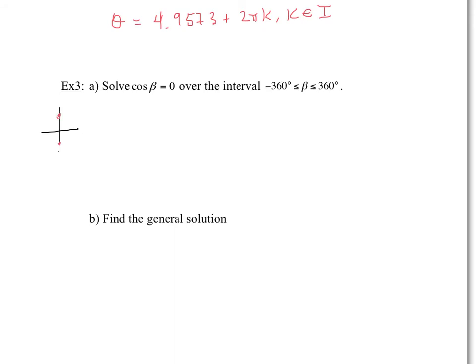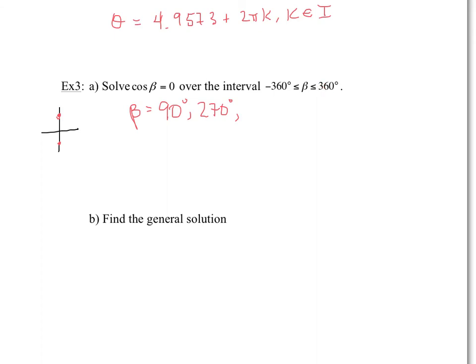At those 2 points. If we were asked for this interval, we would have beta equals 90, then going around, 270. I'm stopping, and every time I stop, I'm giving an answer. If I keep going past 270 to 360, I'll go past, so I'm done for that one.